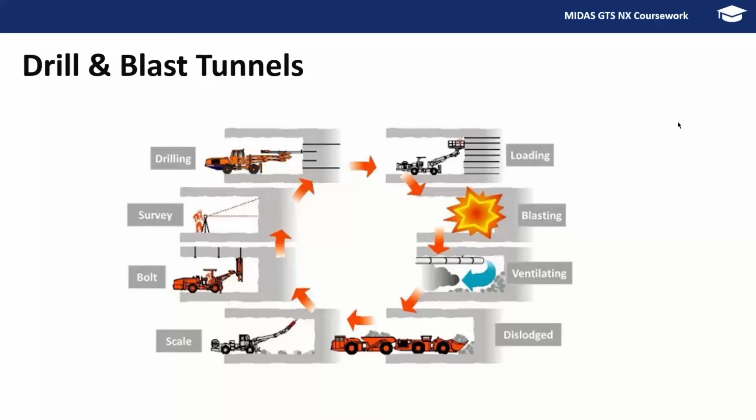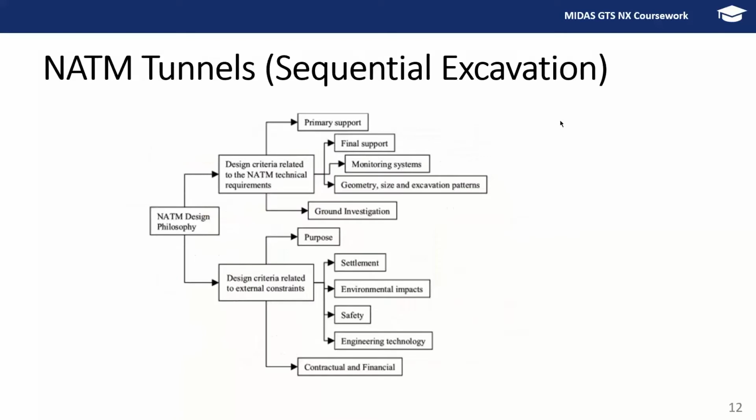So for NATM tunnels or sequential excavation, there is a very prevalent methodology that is used. So the design philosophy is based on two parameters. That is the design criteria pertaining to the NATM technical requirements, which necessarily dictates the primary support, the final support, the monitoring systems, and the geometry size and the excavation pattern, and also the ground investigation.